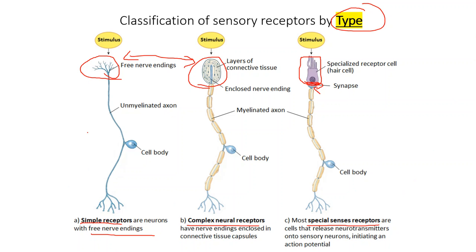And we'll see what happens whenever there is a stimulus. As you can already infer, what's going to happen upon a stimulus is generation of an action potential. That's always the case. Now, the way this action potential is initiated can vary slightly, but ultimately, an action potential always needs to be initiated in order for a stimulus to be propagated.